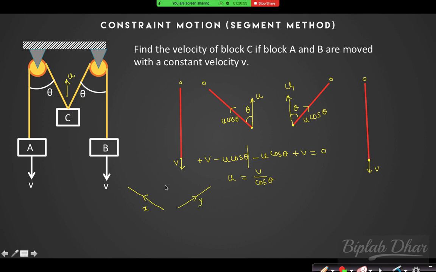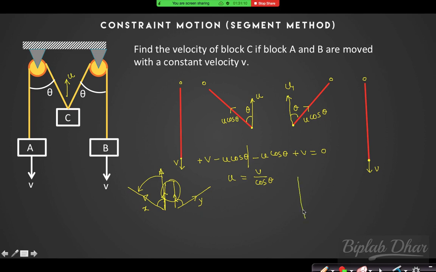While adding the velocities, you are taking the component of x along this direction and the component of y along that direction, and then adding. That you cannot do, because x and y are themselves components of the original velocity, and they add up to the same velocity. If x and y are components of the original velocity, you cannot take the components of x and y to find the original velocity.